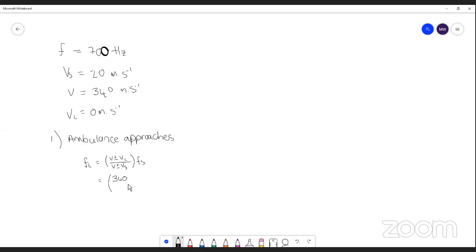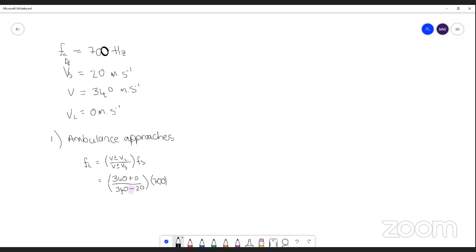And our VL is going to be 0, so I'm not going to bother writing it in there. If you do, that's cool, probably a good practice to have. So let me just write it in there. 340. Then we are subtracting it because we know that the ambulance is moving towards us. So it's important that you subtract this amount over here. And we multiply it by the 700 Hertz.